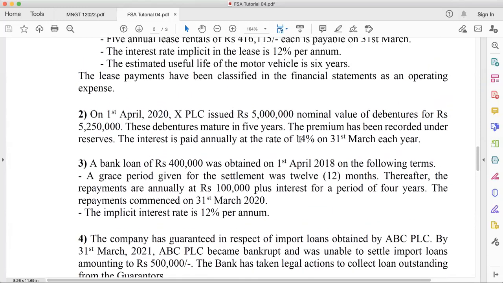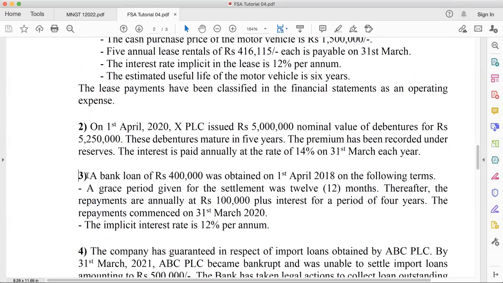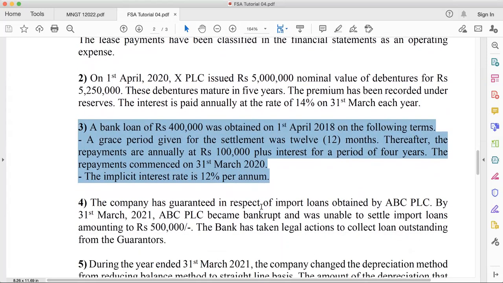Then let's see number 3. The company obtained a bank loan of 400,000 on 1st April 2018 on the following terms. Grace period was 12 months.